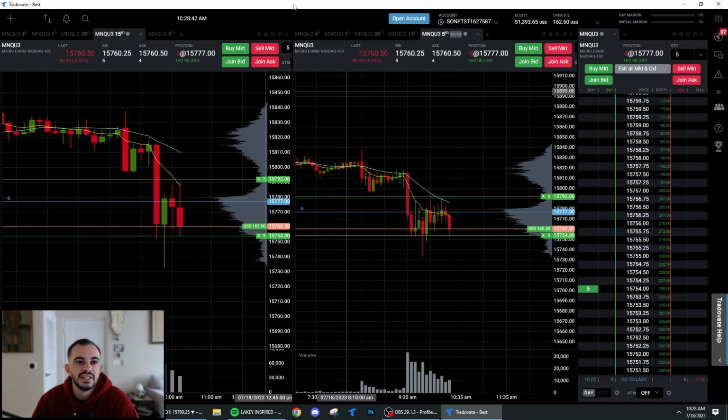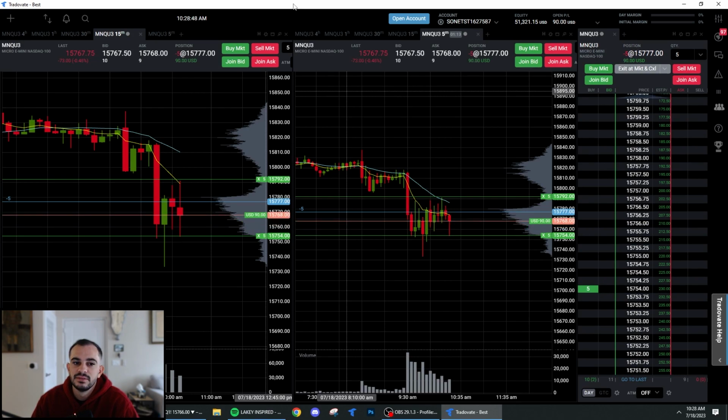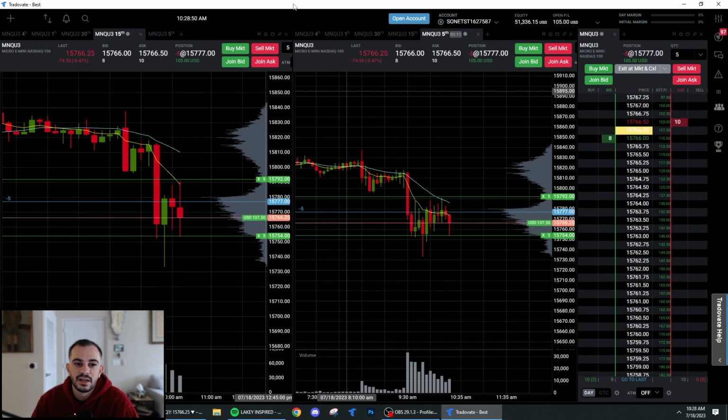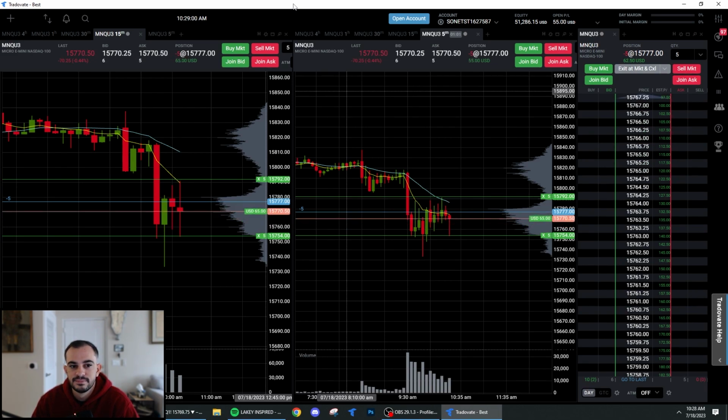Got the close of this in about a minute here. See, after we made that new low, oh my gosh, they're buying it back up. This could potentially be 2 trades where I miss the exit and then it comes all the way back. You know, this candle made a new high, made a new low.